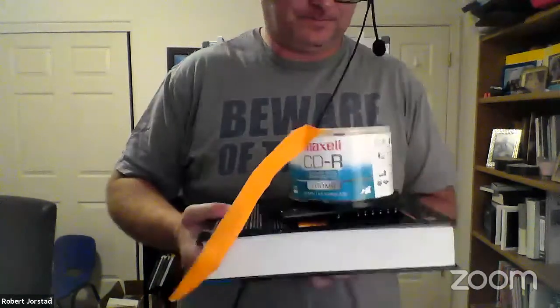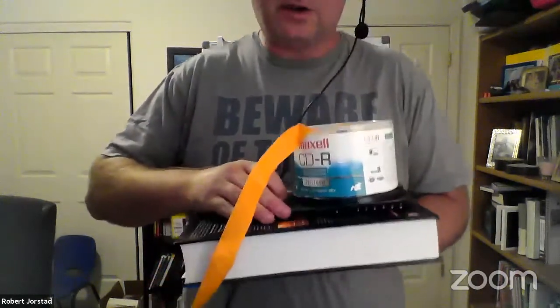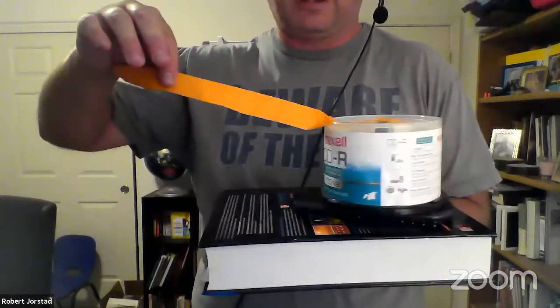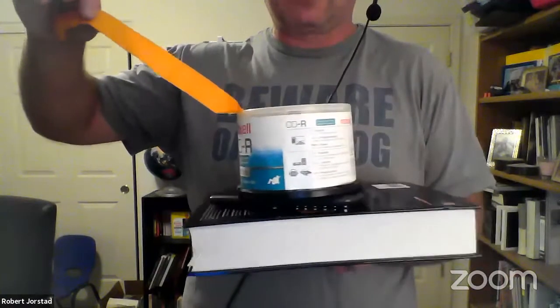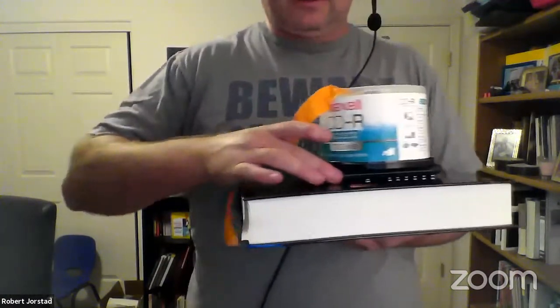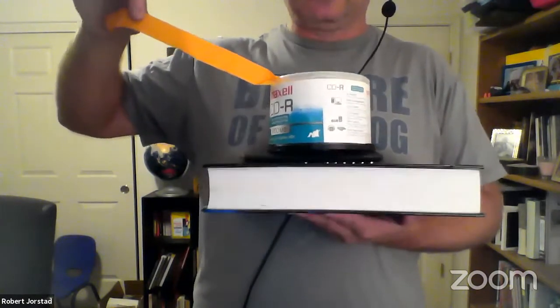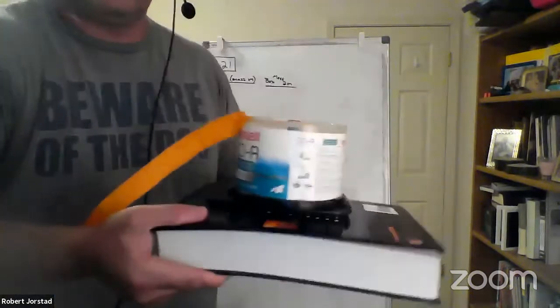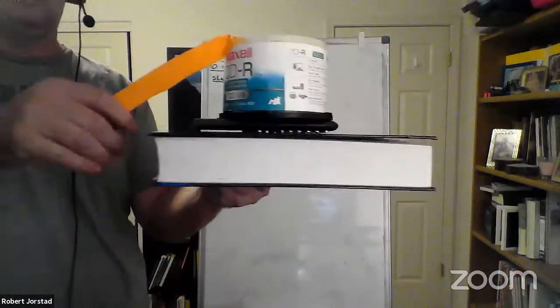And in case you don't believe me that this is really possible, I'm going to attach this to the upper object, and I can make this thing move around if I can actually get it centered on here. The point is, if I pull on this, I'm pulling on the upper object, the CDRs.